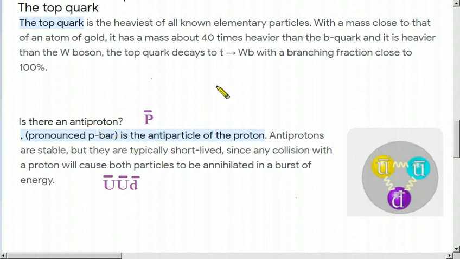So we know the combination of proton, 2 up quarks and 1 down quark. So if it is going to be an antiproton, all these particles should be anti-up, anti-up, anti-down, like this.